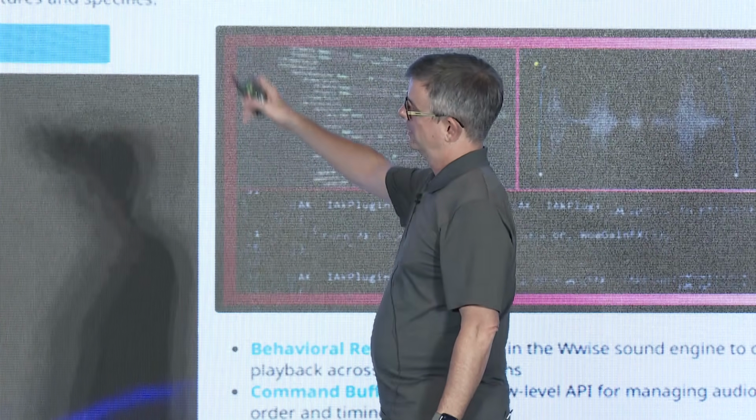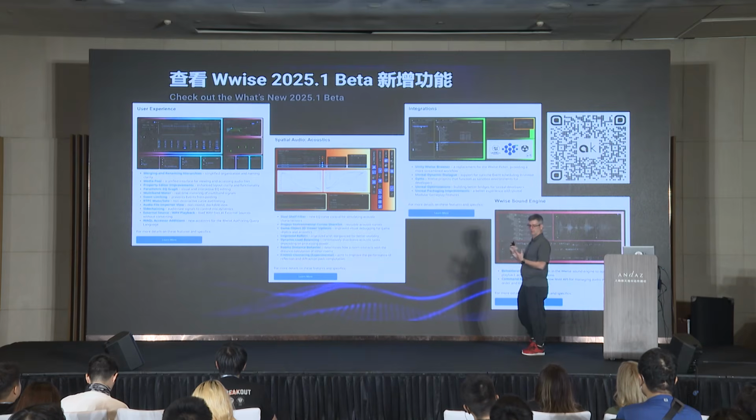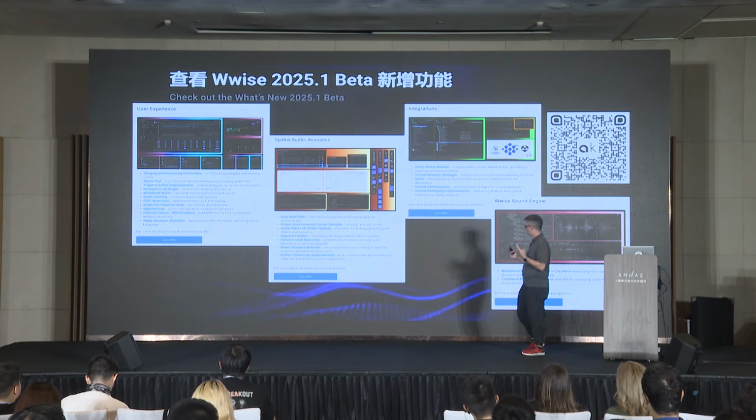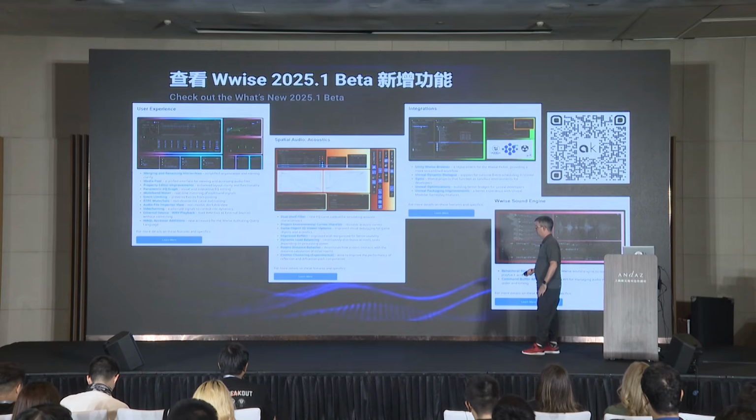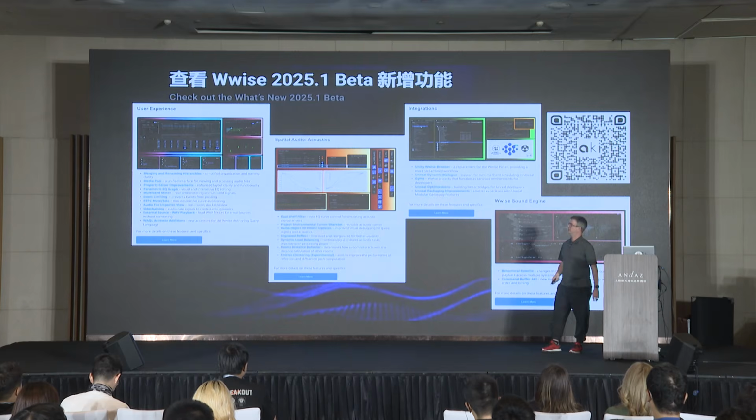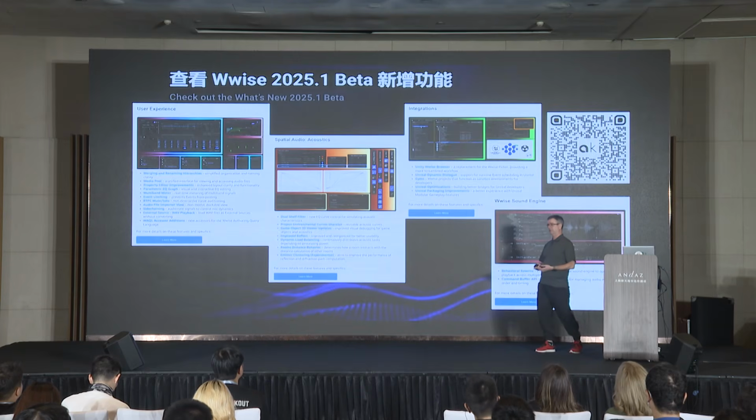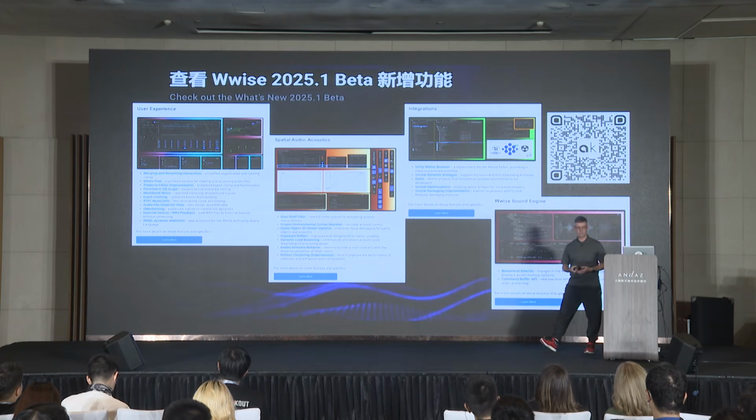The dual shell filter is made specifically to make Wwise acoustic and spatial audio more realistic. Improvements to reflect, and so much more. I encourage you to go check out Wwise. We're still at beta 3. The production-ready release of 25.1.3 will be in mid-November.